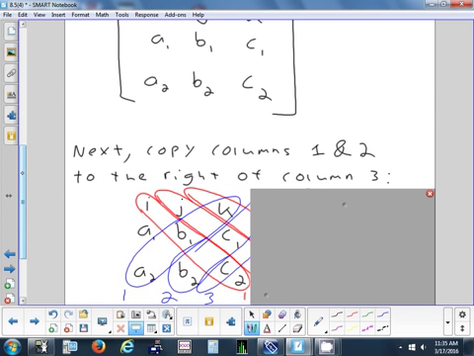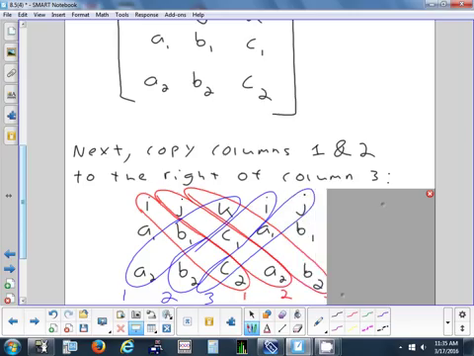But now I'm going to put a copy of column i to the right, i, a1, a2. And then to the right of that, I'm going to put a copy of the second column, j, b1, b2. At this point, don't worry about anything that's circled here. You should just have 5 columns. Any question up to that step?